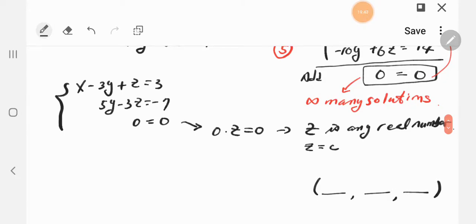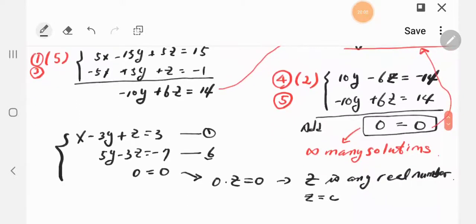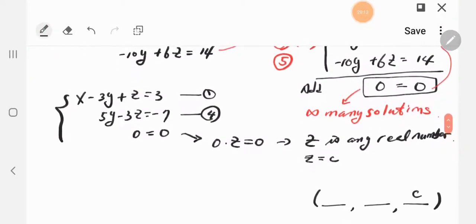So the type of the solution will be z is a real number c, then let's find y and x. So let's say this is equation 1, and this is equation 4. So from the fourth equation, let's write y in terms of c.